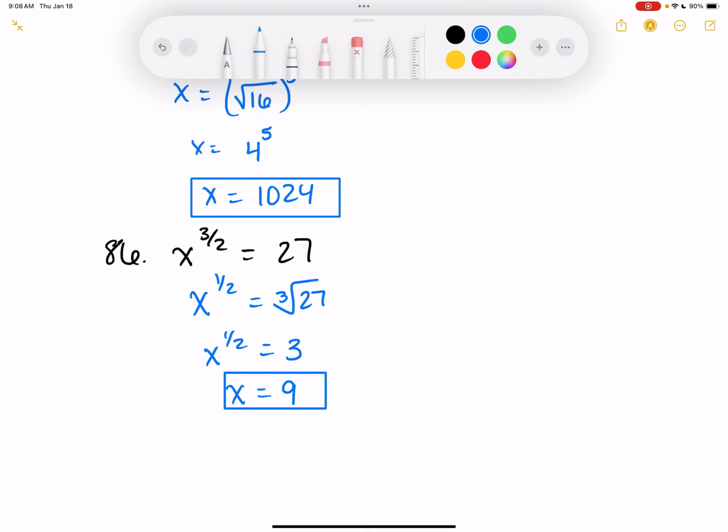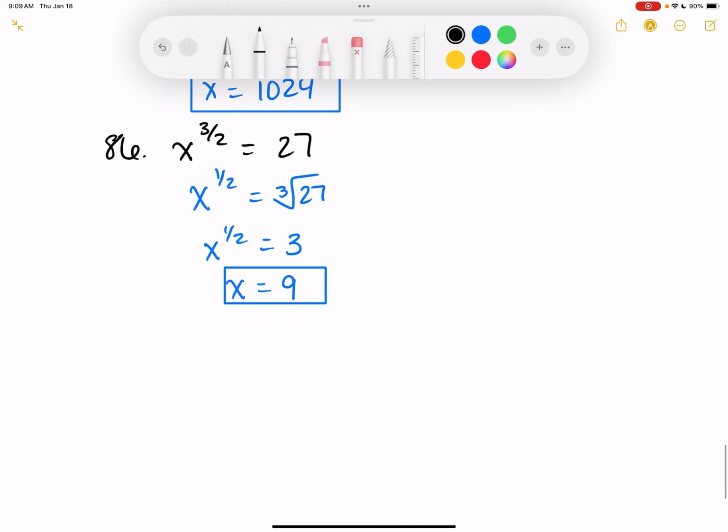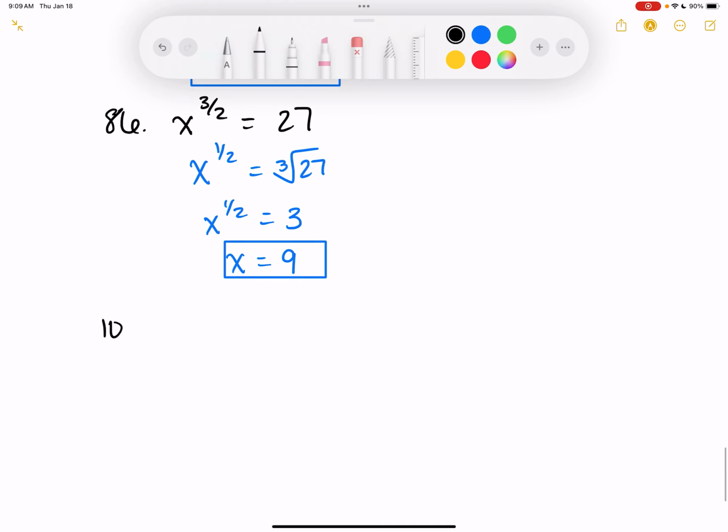All right, we're going to do one word problem. Number 100.